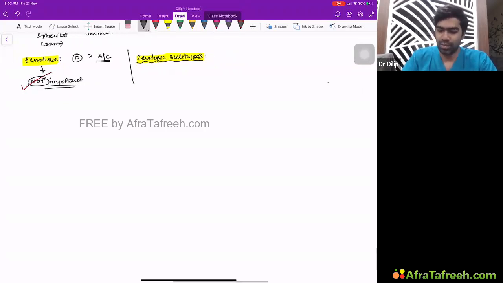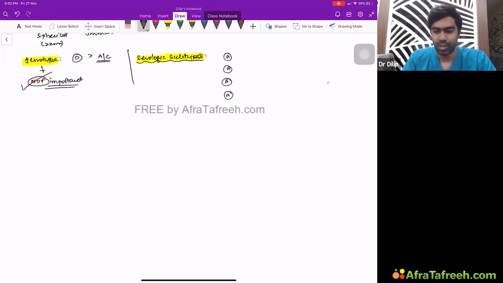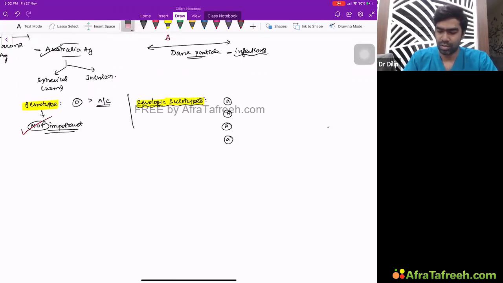So there are four serological subtypes basically. In that, A will be the standard. A will not change at all. But there are two other things.